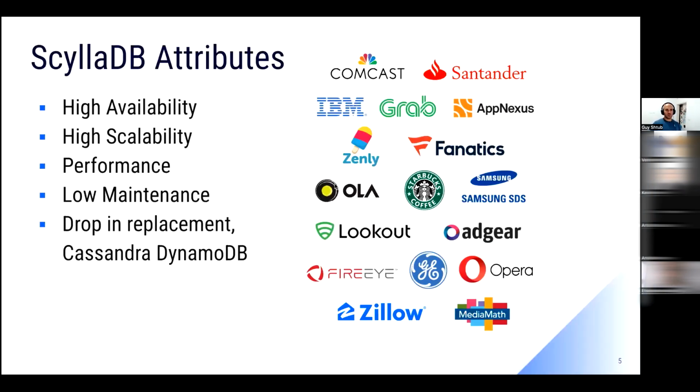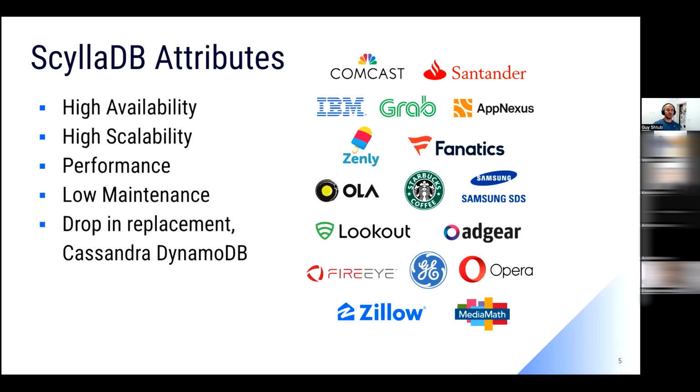And I'll start with a few words about ScyllaDB. I'll say that all of the material that I will be covering today is relevant for other NoSQL databases as well, specifically Apache Cassandra and Amazon DynamoDB, but also others.